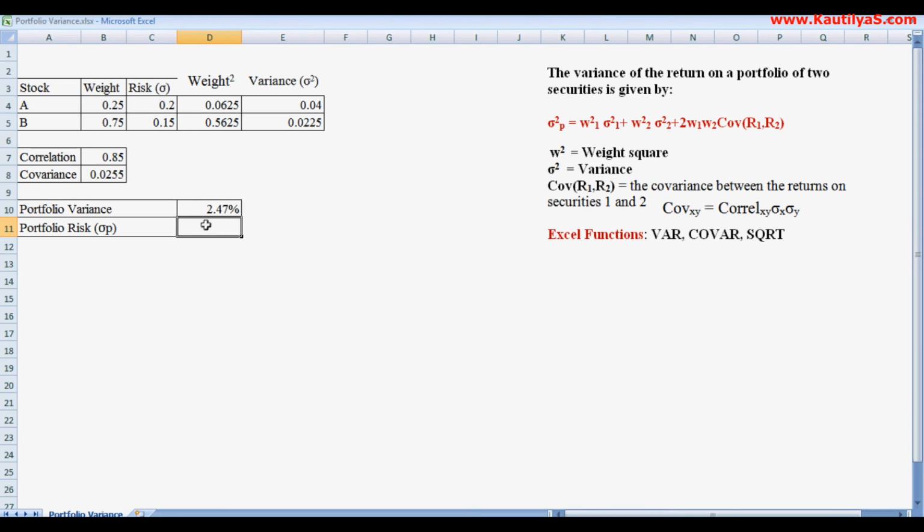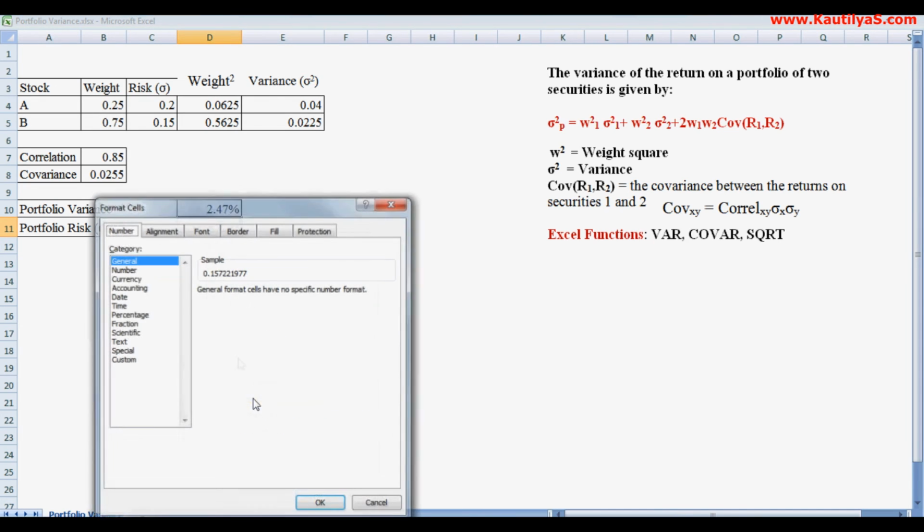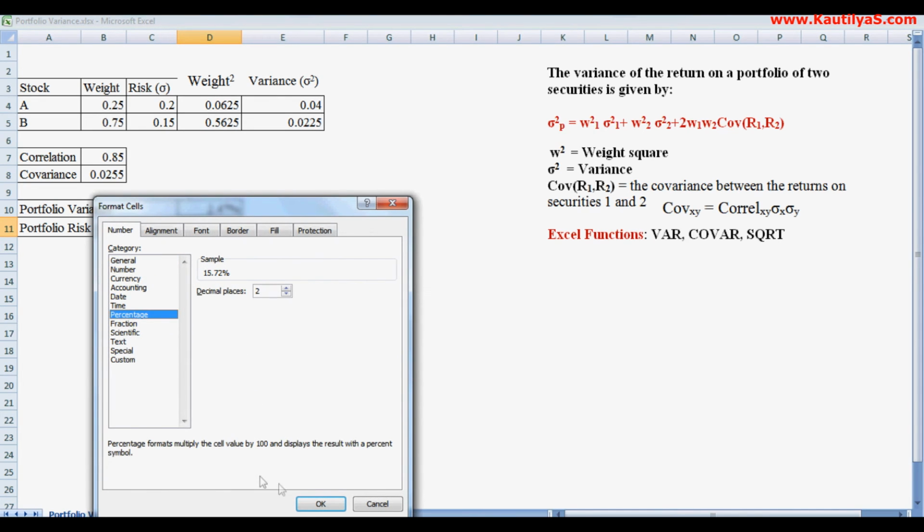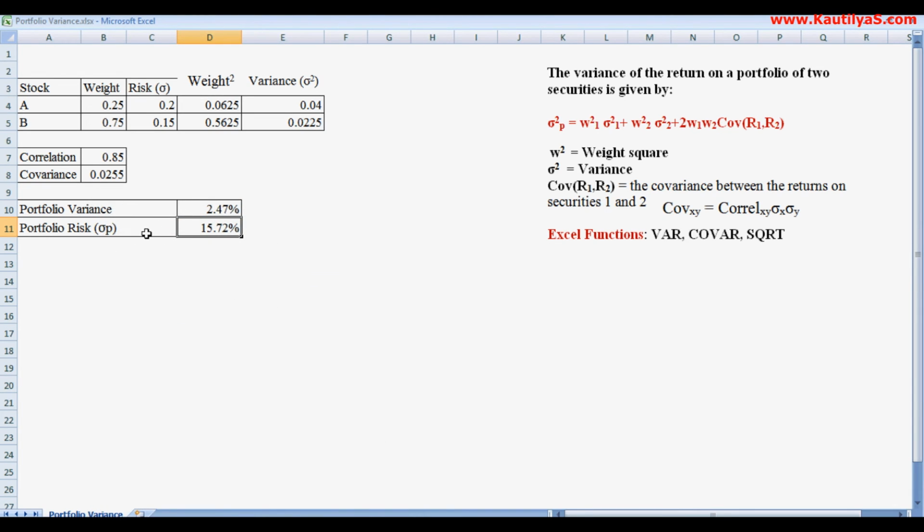So here we got the portfolio variance, and portfolio standard deviation is the square root of portfolio variance. So just convert this into percentage. So our portfolio risk is 15%.